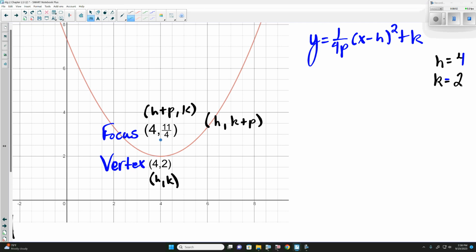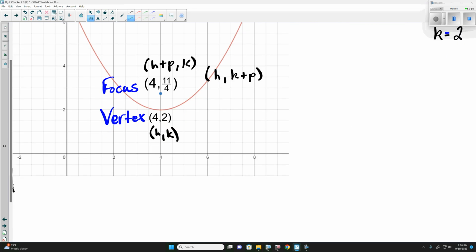Now, the focus, this point, is told to us to be 4 comma 11 fourths, yes? Which term changed, the x or y value of the focus from the vertex? Because we need to identify it. Yes, the second value, that y value, did change because it went from 2 to 11 fourths, yes?